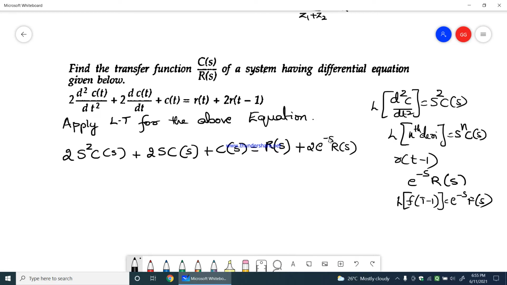Here it is e power minus s because it is t minus 1. If it is t minus 2, e power minus 2s would be the answer.